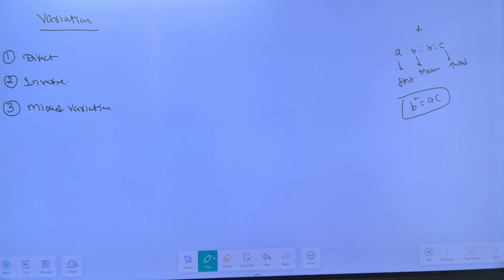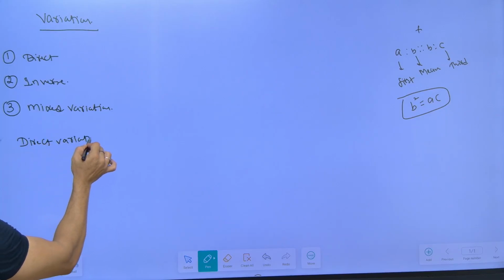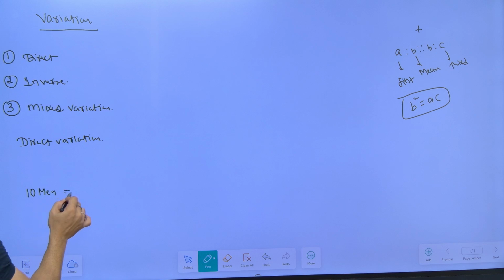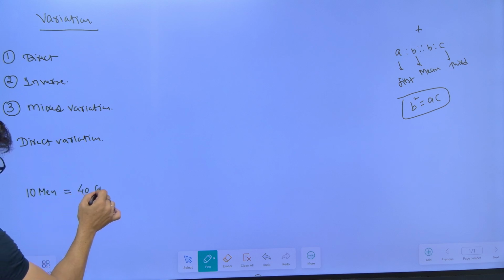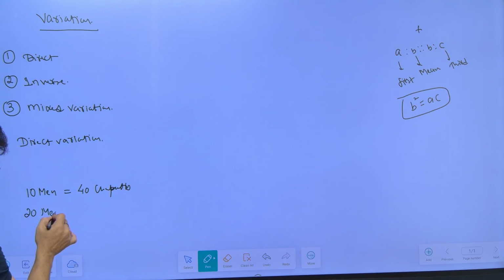Right. What is direct variation? Direct variation means if x changes, y also changes. If x increases, y will also increase. If x decreases, y will also decrease, right? For example, if there are 10 men and they can eat, let's say, 40 chapatis, 20 men can eat how many chapatis? 80.